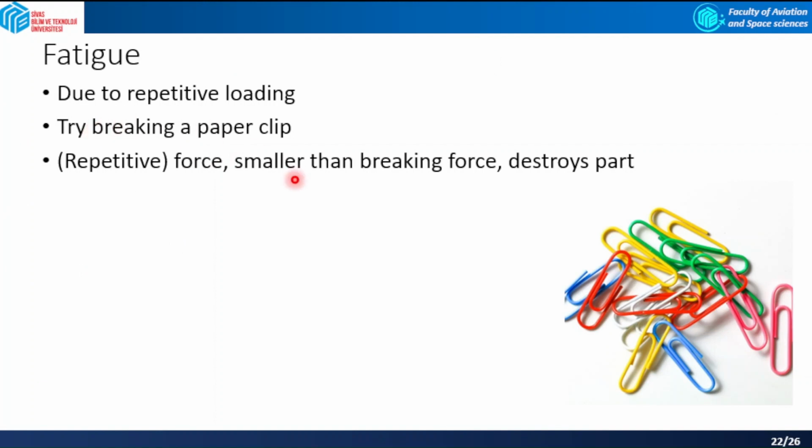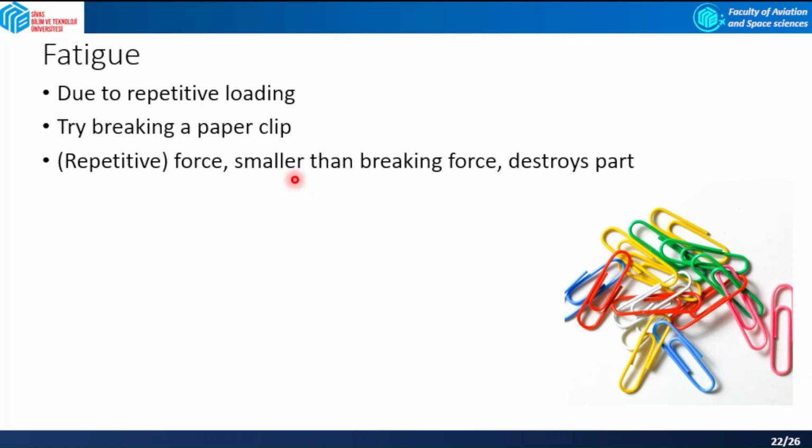If you get a paper clip and bend it back and forth until it breaks, it shows you actually a metal fatigue. Even though a paper clip might be strong enough to tolerate a single bending force, it can eventually break from repeated bending.